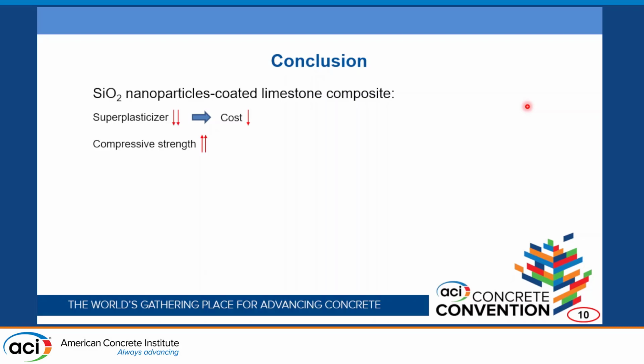We can also increase the compressive strength, and increase the pozzolanic activity of the silica nanoparticles due to improved dispersion of the nanoparticles within the cementitious matrix. Another important thing is that we can also increase the quantity of limestone in PLC, so we can replace more cement with PLC and get to the greener side of the development of PLC cements.